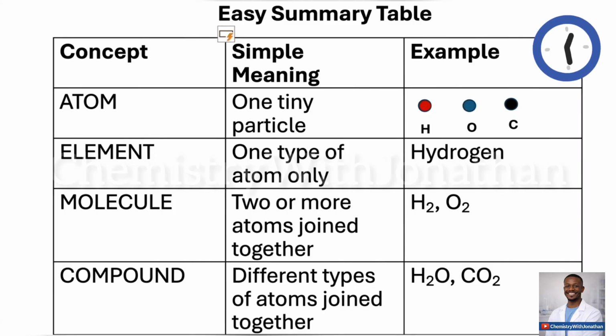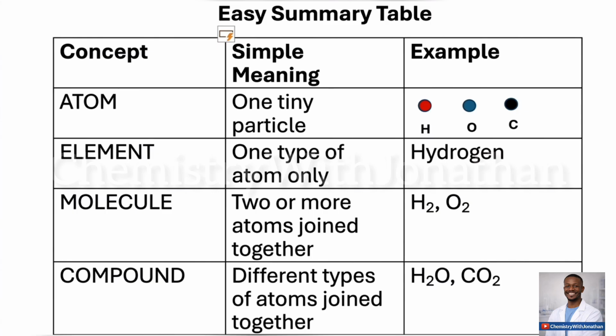Take a careful look at this easy summary table. It summarizes the concept we've been talking about since. Atom simply contains one tiny particle, right? Example, we have hydrogen, oxygen, carbon atom. Then we have element. It contains one type of atom only.